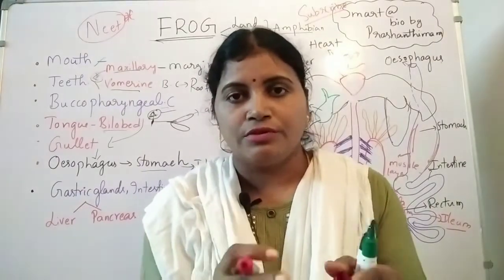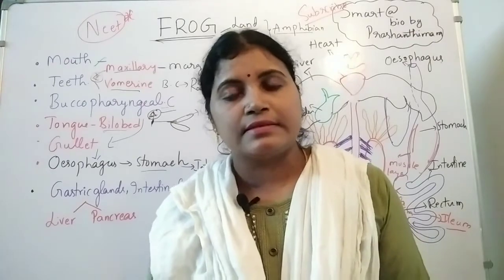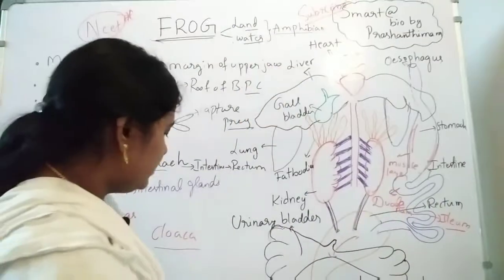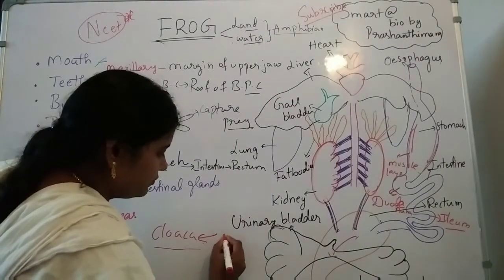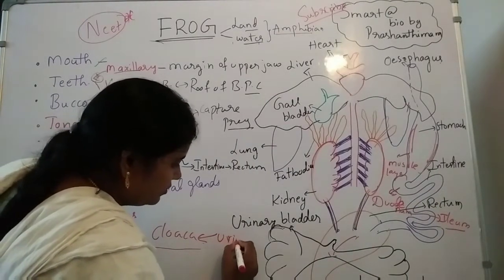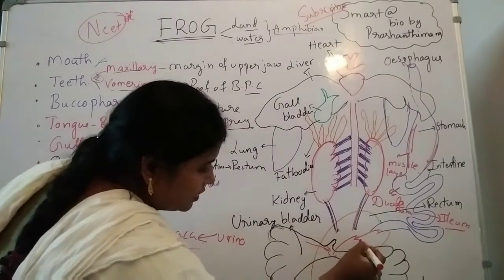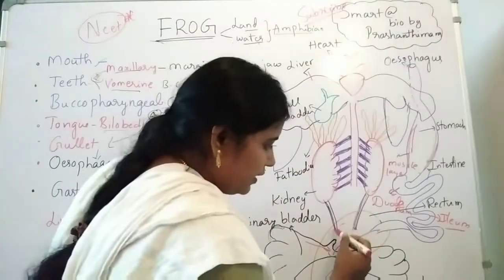The cloaca is the common structure which receives from the urinogenital system and also from the digestive system. Urinogenital secretions and also digestive secretions are going to open into the cloacal structure.